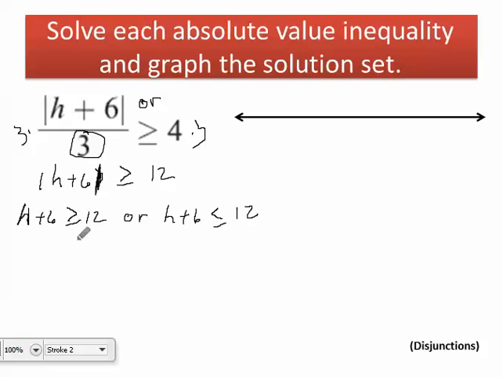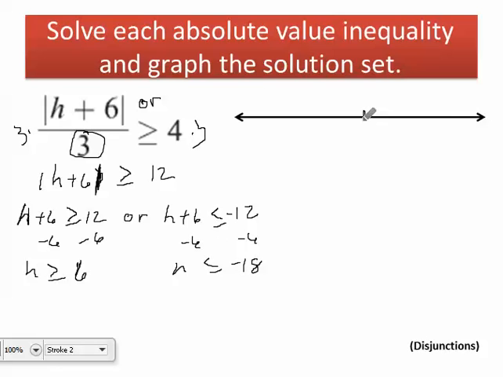Okay? So I now have subtracting 6 from both sides of the equations here, like this, and I get h is greater than or equal to 6, and h is less than or equal to negative 18.